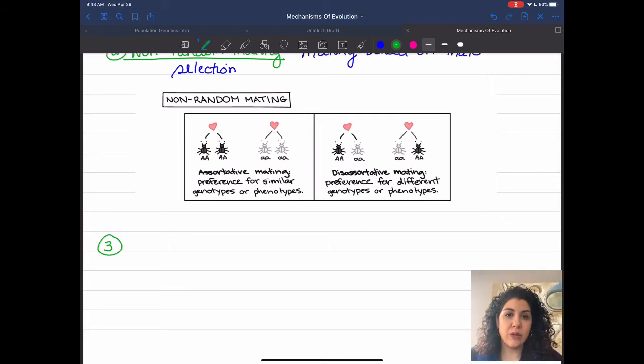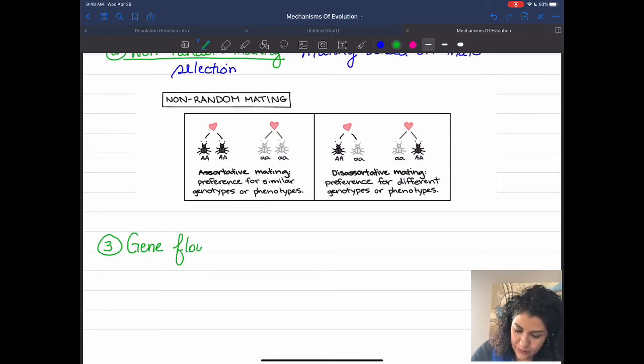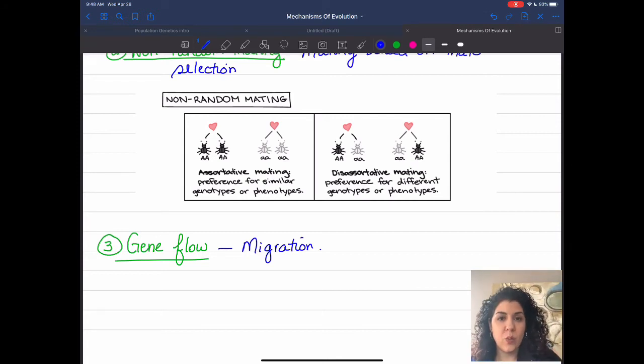Number 3, another thing that drives evolution is going to be gene flow. And gene flow is just a complicated name for migration. And so when I go from one place to another, I take my genetic makeup with me.